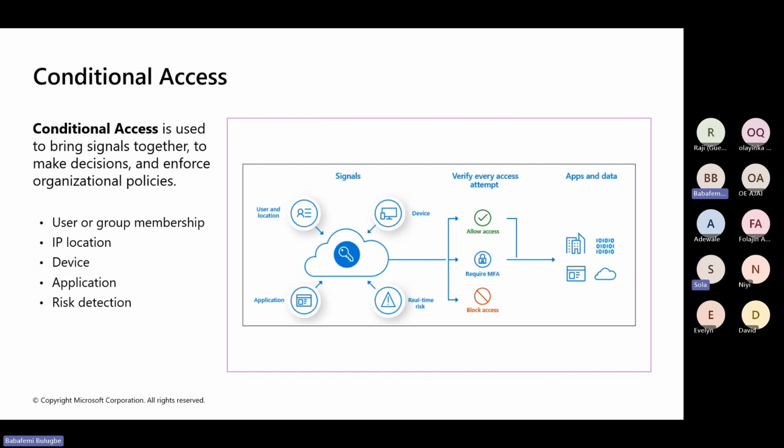Then we talked about conditional access, where I explained that the owner of the application wants to restrict how users are accessing that particular application. It might be based on location, to say anyone from Africa, we do not want them to access this application, or anyone on this particular IP address.